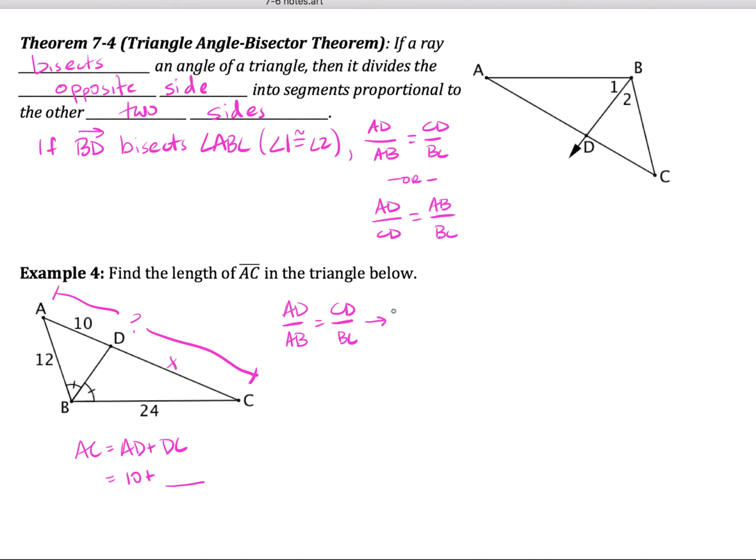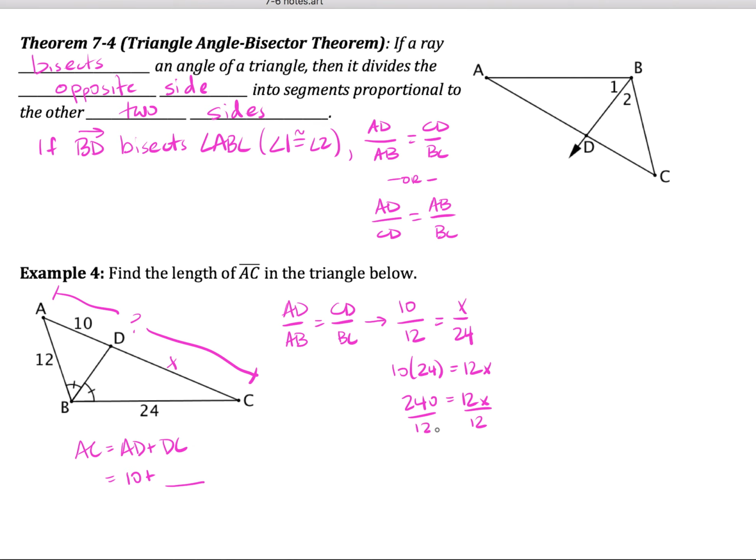If we fill in the given values for the diagram, we'll have 10 over 12 equals CD, which is x, over BC, which is 24. Cross multiply this, we would have 10 times 24 equals 12 times x. That would be 240 equals 12x.